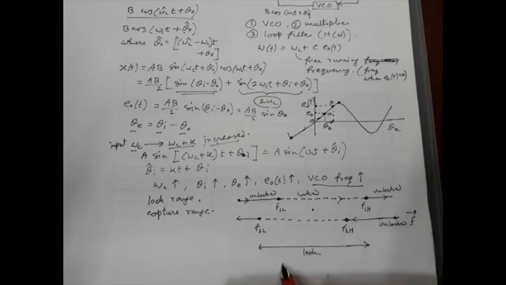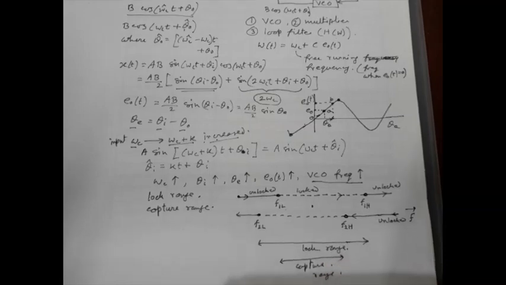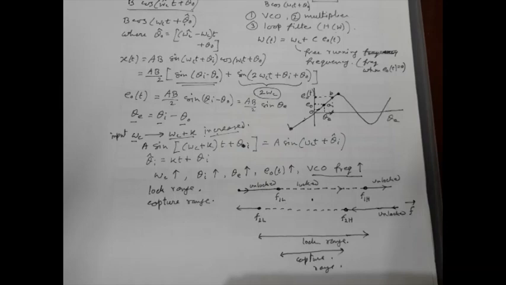So f1L to f2H, this range is called the capture range. This is the lock range. This is a kind of, you can say, an electronic inertia.